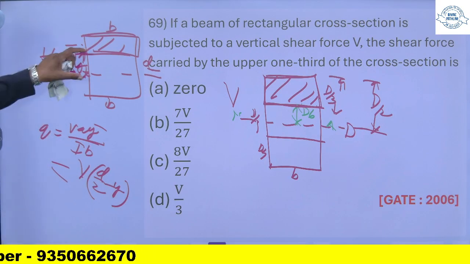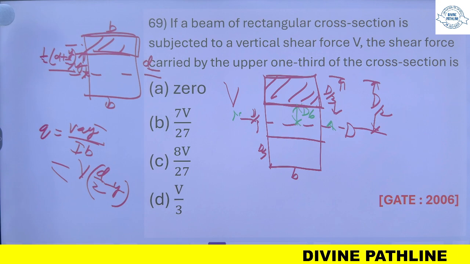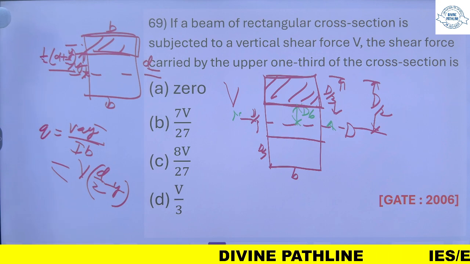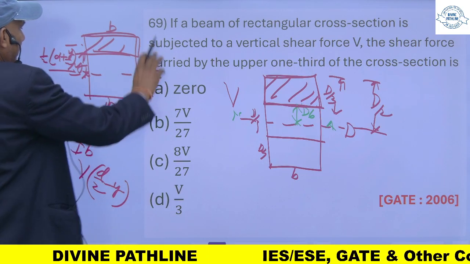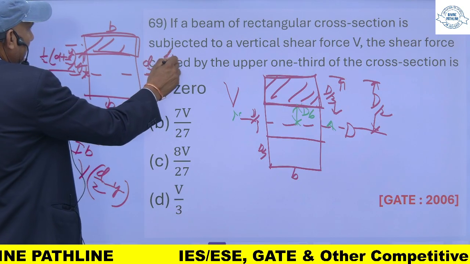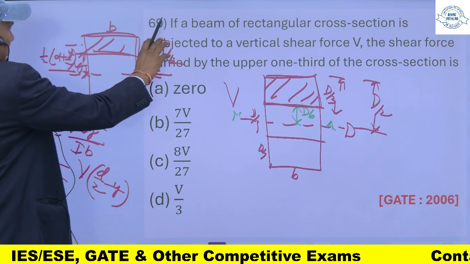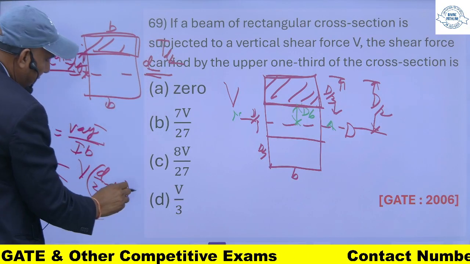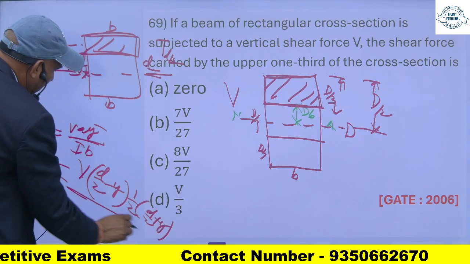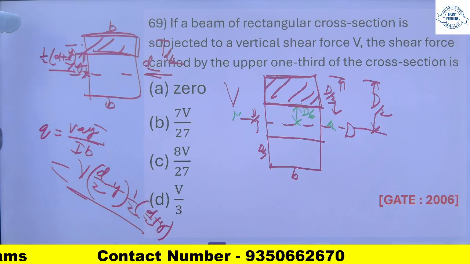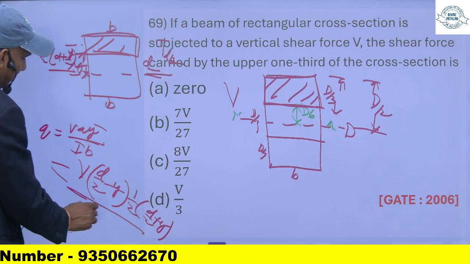So it will be 1 by 2 of D by 2 plus y, the average of these, divided by moment of inertia. Moment of inertia of this will be I into this b.